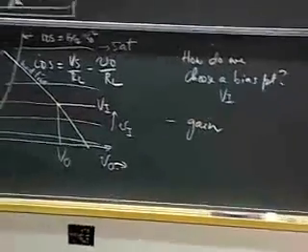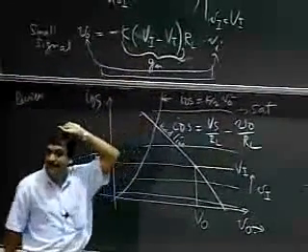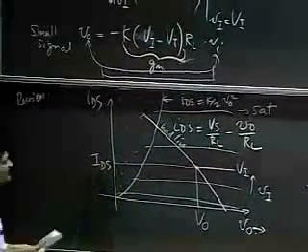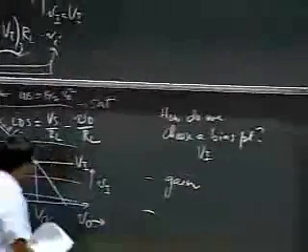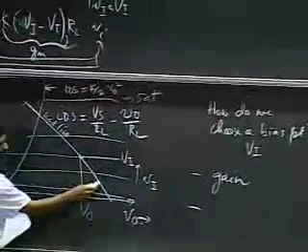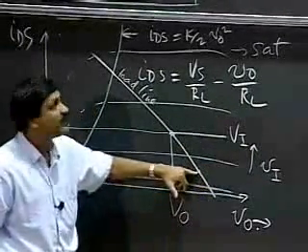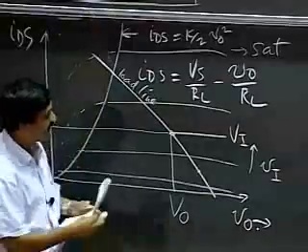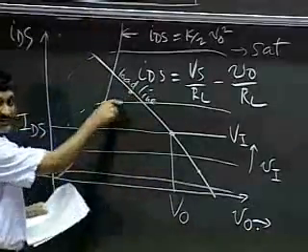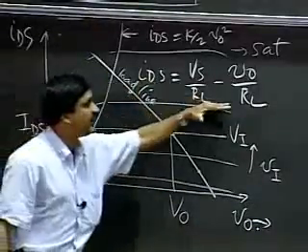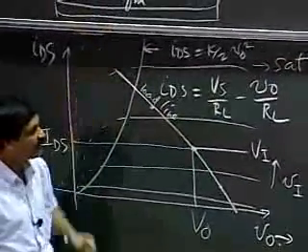The gain depends on how I choose VI. I'll show you that in a moment. If I choose a bias point that is a small VI, then my gain is going to be smaller. If I choose a bias point that's at a much higher value of VI, I get a bigger gain.